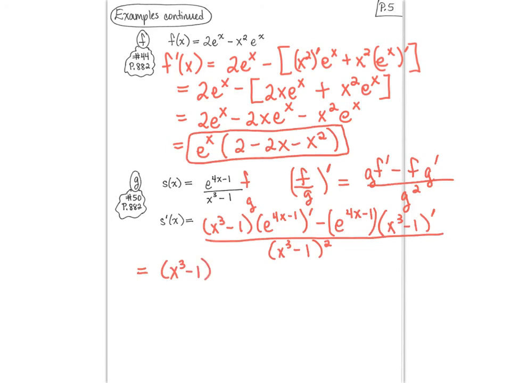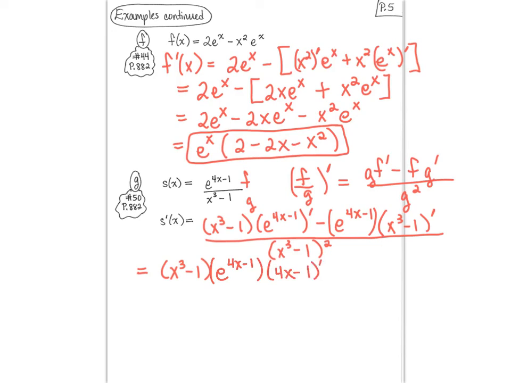And now we need to differentiate e to the 4x minus 1. Well, the derivative of e to the 4x minus 1 is e to the 4x minus 1 times the derivative of 4x minus 1, which is 4.